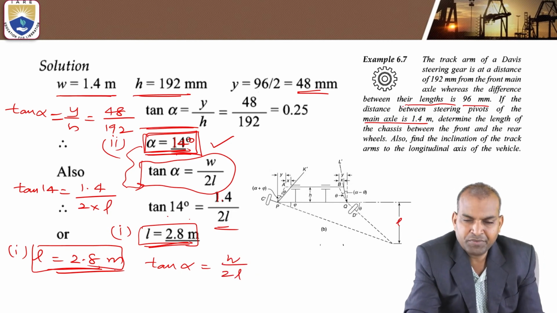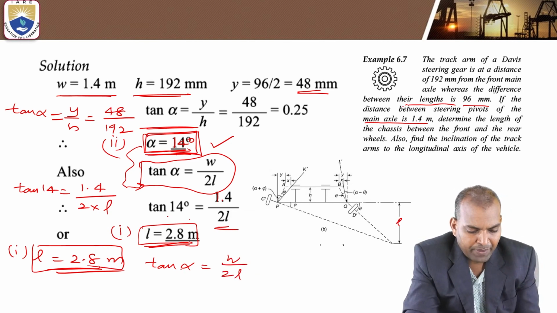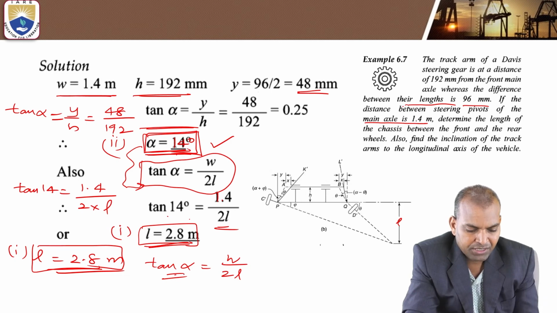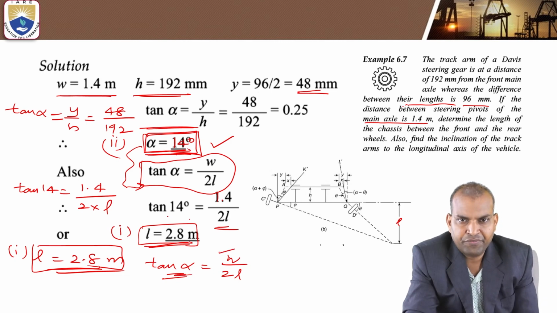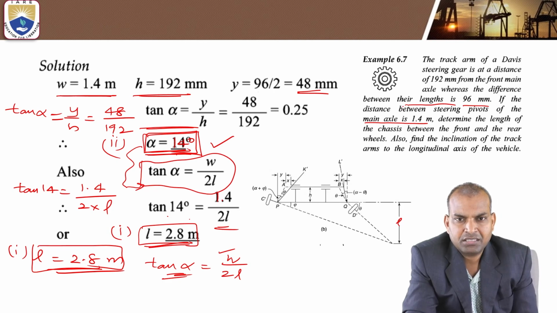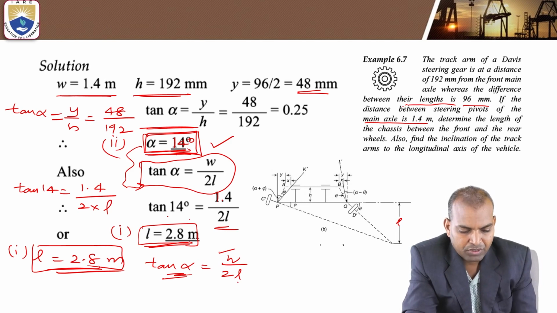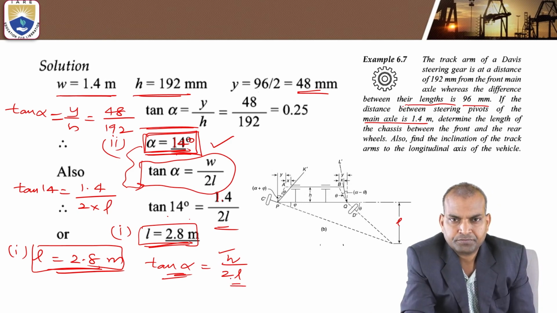There are three parameters. Number one, the angle of inclination of the front wheels. Another one is the width, the distance between the two pivots of the front wheels, that is W, and the wheel base.